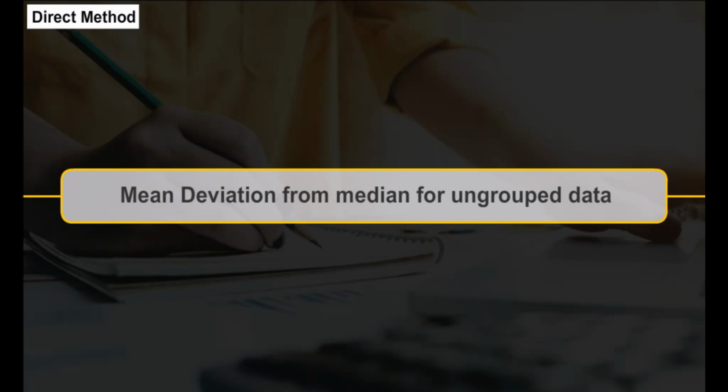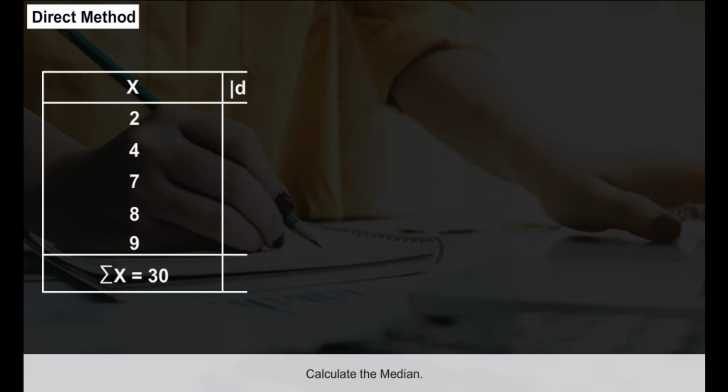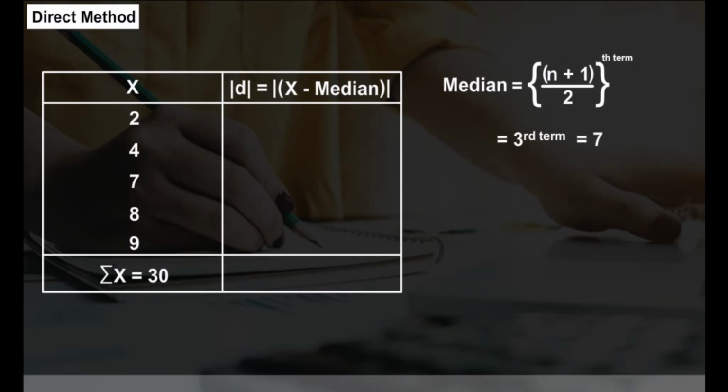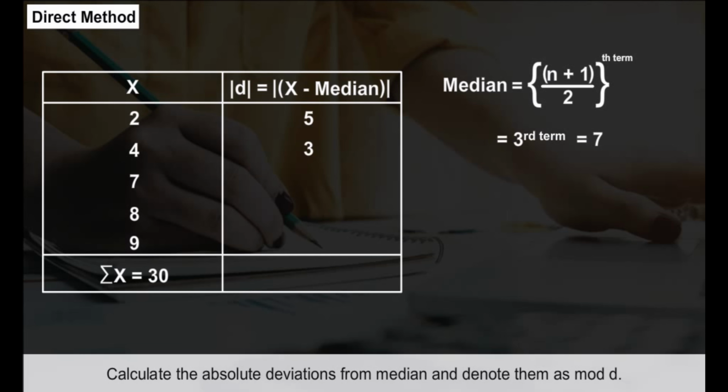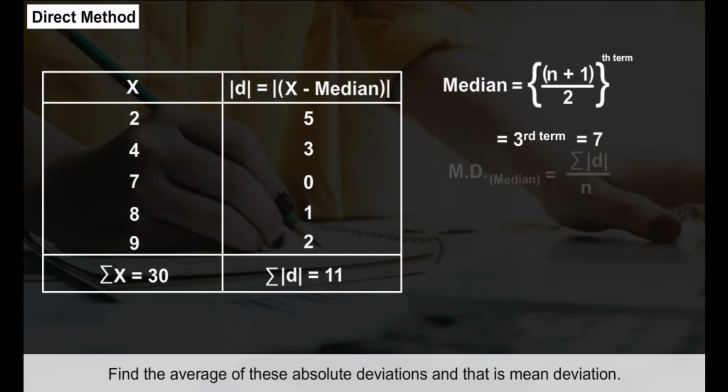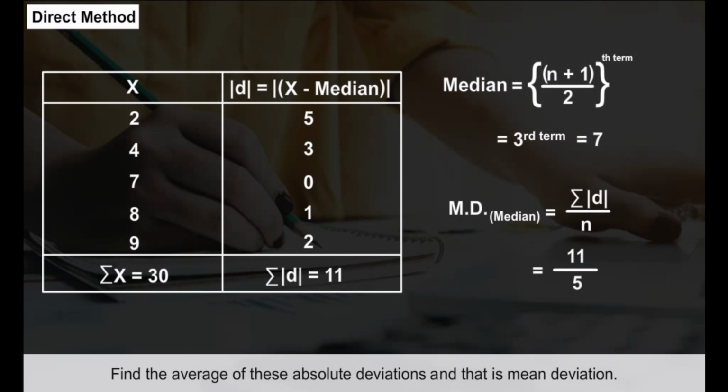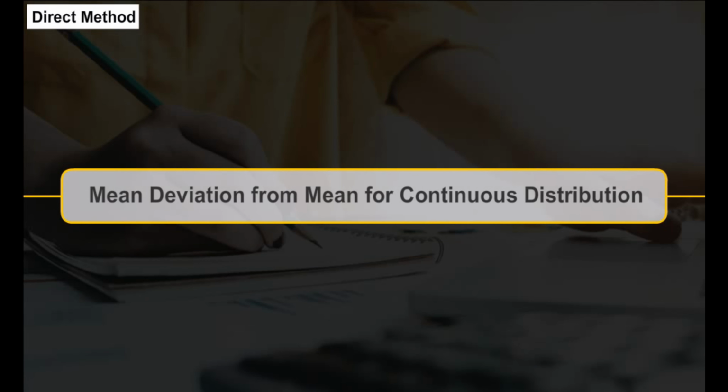Mean deviation from median for ungrouped data. Calculate the median. Calculate the absolute deviations from median and denote them as |D|. Find the average of these absolute deviations, and that is mean deviation. Mean deviation from mean for continuous distribution.